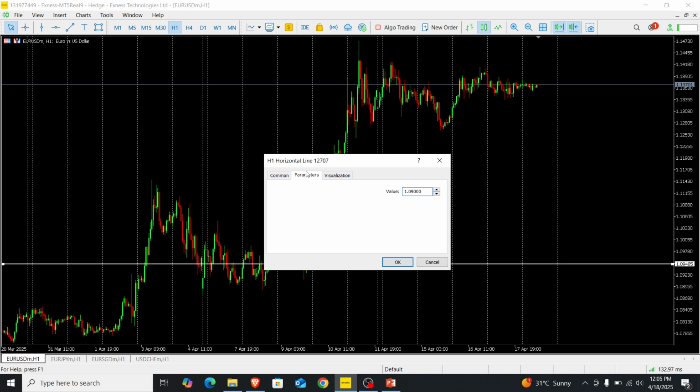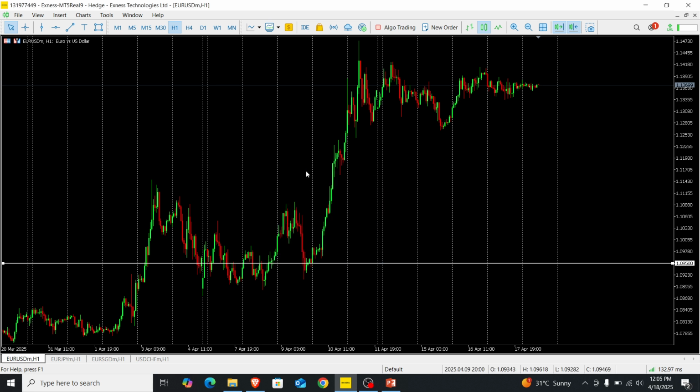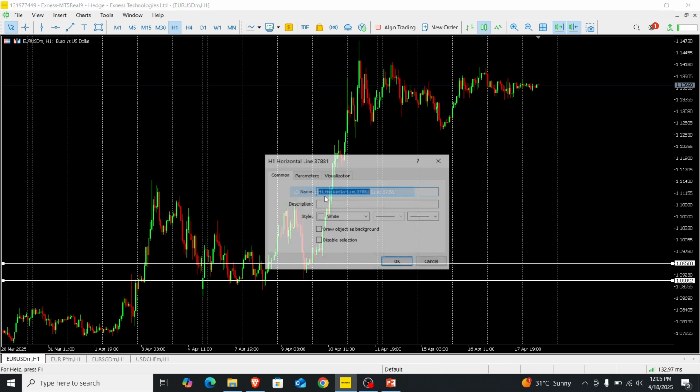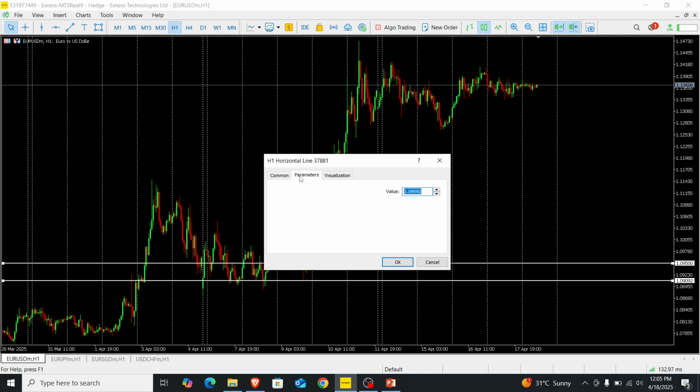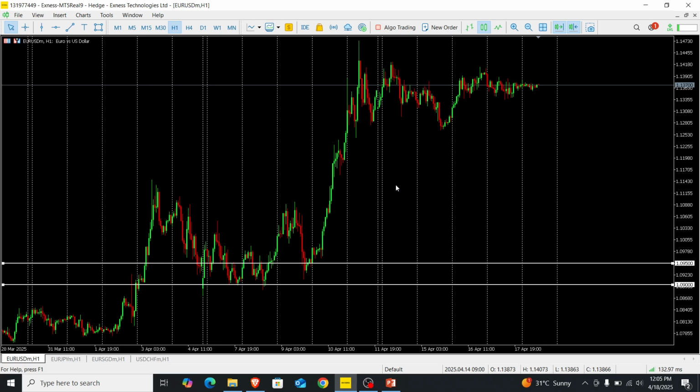That way I'm very patient, and like I said, this is a methodology I'll be giving you guys. So this would have been my entry point, and if there was more down movement, this will probably be my stop loss. This will be my stop loss and this will be my entry, and depending on the day or what I'm expecting, this will probably be my second entry.